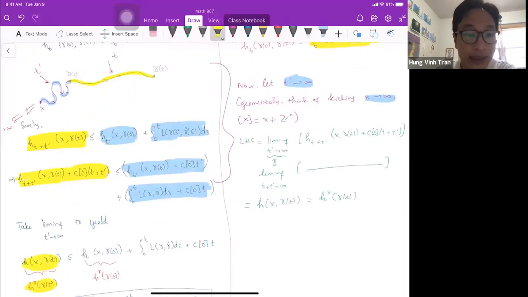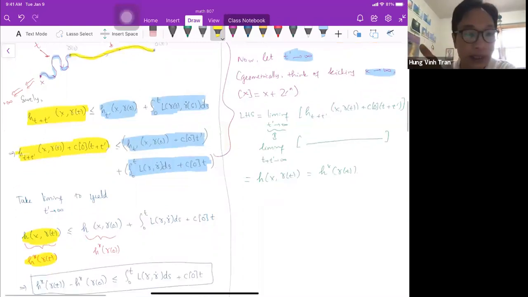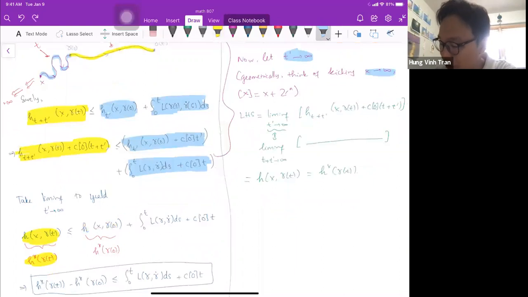Now the right-hand side. You can use the equality or you can just directly use the inequality. Whatever the t prime I'm taking to infinity is always bounded from above by the Peierls barrier going from x to gamma 0, h_x(gamma 0), and then this is just the normalized action.